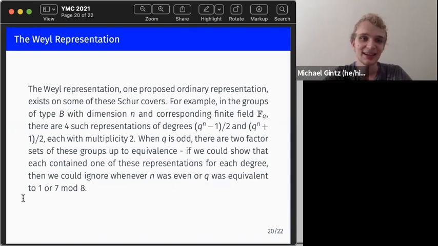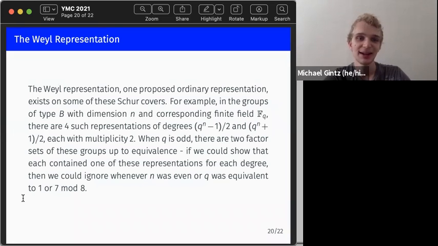And in groups of type B, for example, with dimension n and corresponding finite field F_q, there are 4 Weyl representations, and their degrees are (q^n-1)/2 and (q^n+1)/2, each with multiplicity 2. Now, when q is odd, there are 2 factor sets of these finite simple groups up to equivalence.